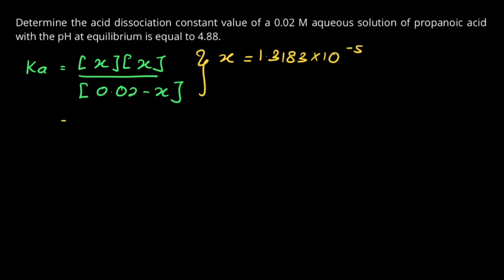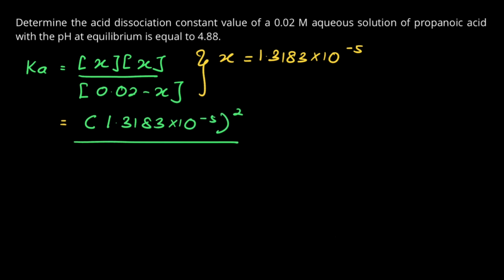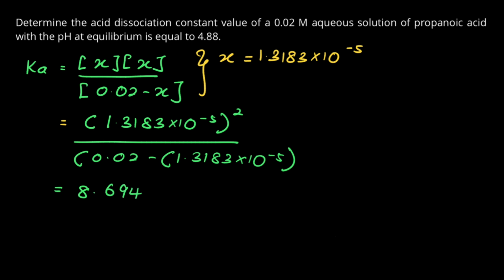So we are going to substitute that. You should get 1.3183 times 10 to the power of negative 5, squared, divided by 0.02 minus 1.3183 times 10 to the power of negative 5. So you will get your Ka equivalent to 8.6947 times 10 to the power of negative 9.